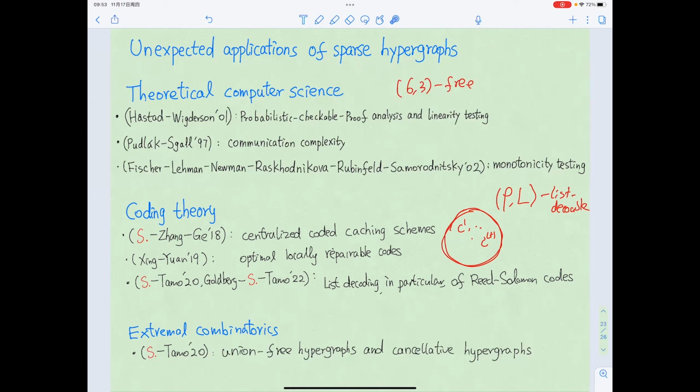This is the connection of this problem to sparse graphs. And we can also use sparse graphs to construct some other objects like union-free hypergraphs and cancellative hypergraphs. So this means sparse graphs also have applications in extremal combinatorics.